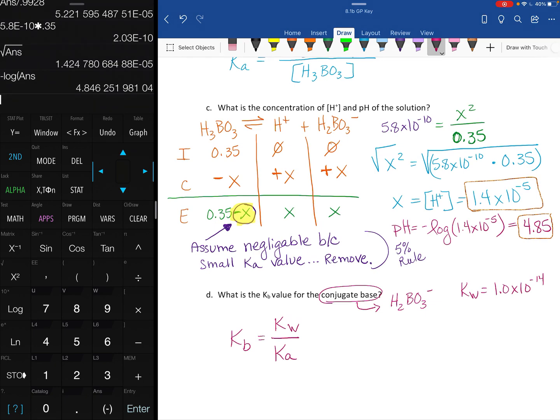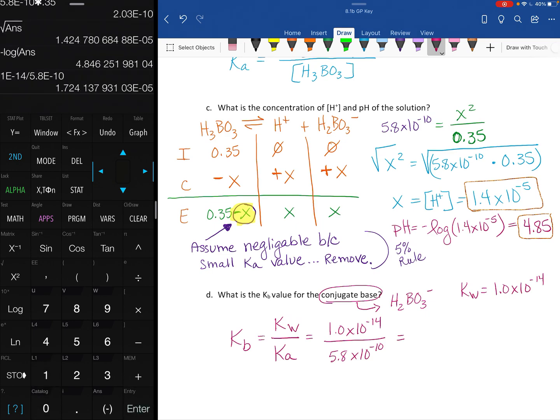So we plug in those numbers: 1.0 times 10 to the negative 14th divided by 5.8 times 10 to the negative 10th, and I get 1.7 times 10 to the negative 5th.